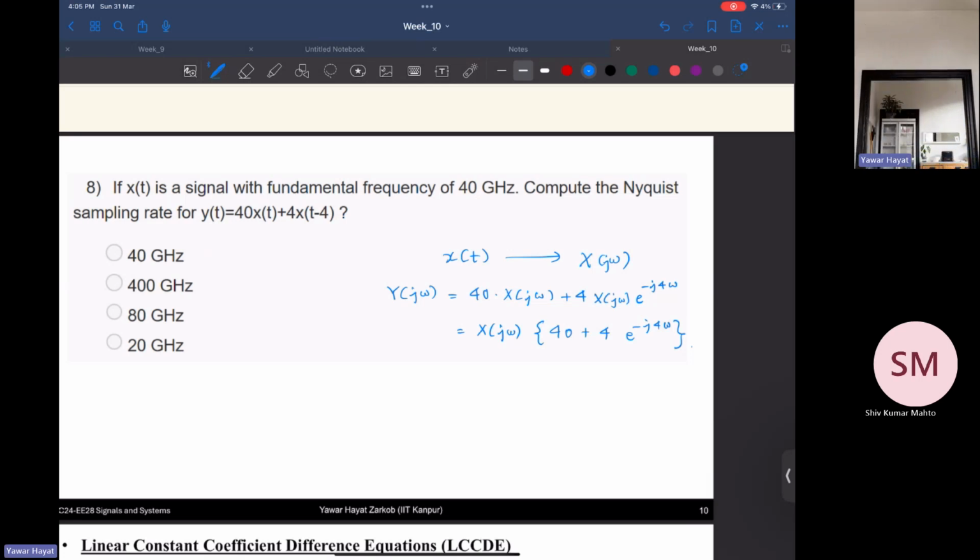And so firstly, we'll write that the bandwidth is unchanged.